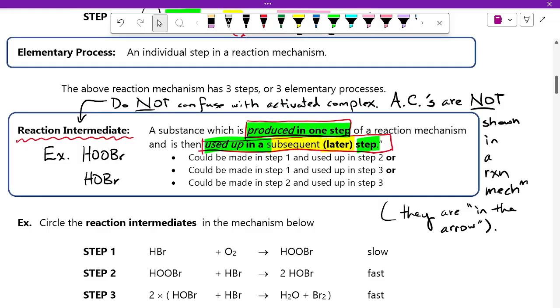Okay, so there we are. We don't need to circle the reaction intermediates because we already did that up above. And I guess while we're at it, we could label all of our activated complexes. How many activated complexes would this reaction mechanism, this whole thing is the reaction mechanism, have?